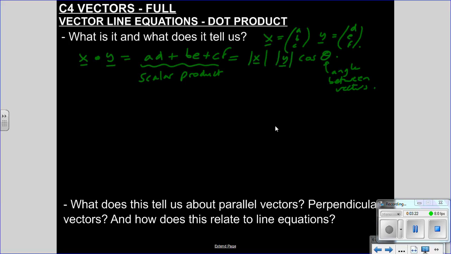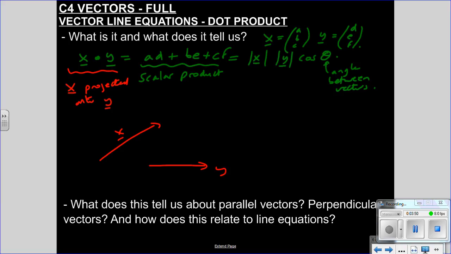What is the dot product really? And I'm just going to say this phrase now. This is x dot y. What does that mean in real life terms? Well, it means the vector x projected onto the vector y. So if you imagine, here's a vector x, here's a vector y, right?